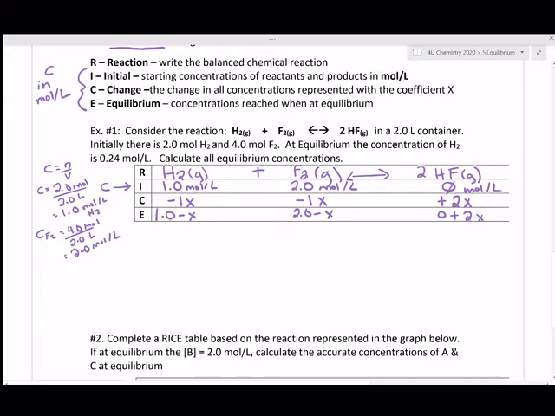We have a whole bunch of equations, but if you remember, we were actually told a value here. 0.24 moles per liter was the concentration of hydrogen at equilibrium. So now you can fill that in.